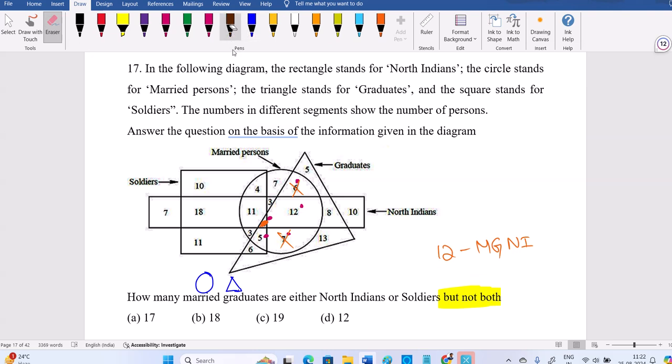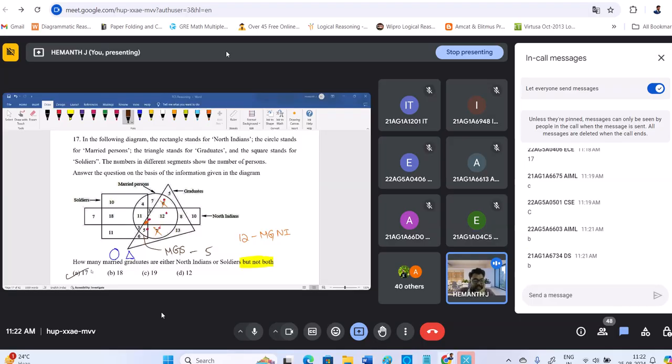What about this 5? 5 is married. Yeah, 5 is graduate, but from soldier. So 12 plus 5, 17 is your answer. There should be North Indian or soldier, but not both. So 12 plus 5, 17 is your answer.